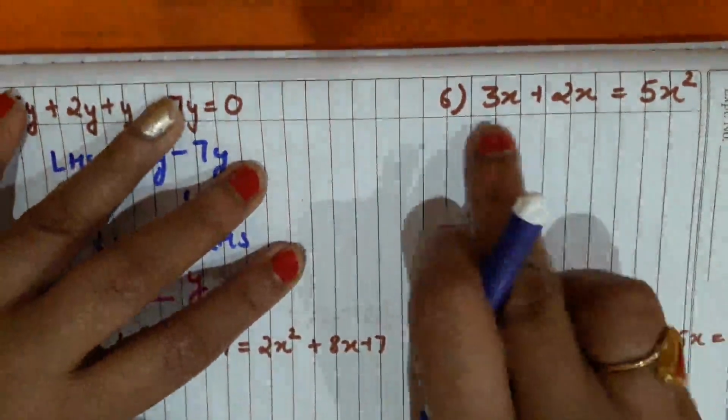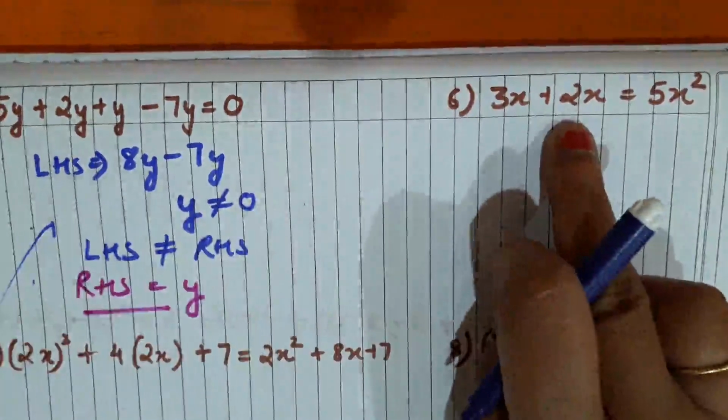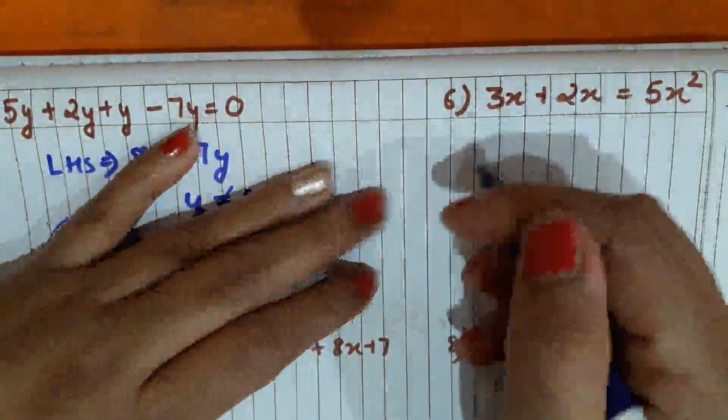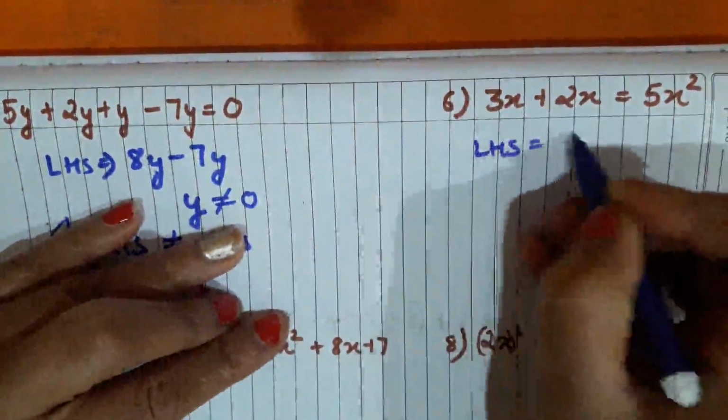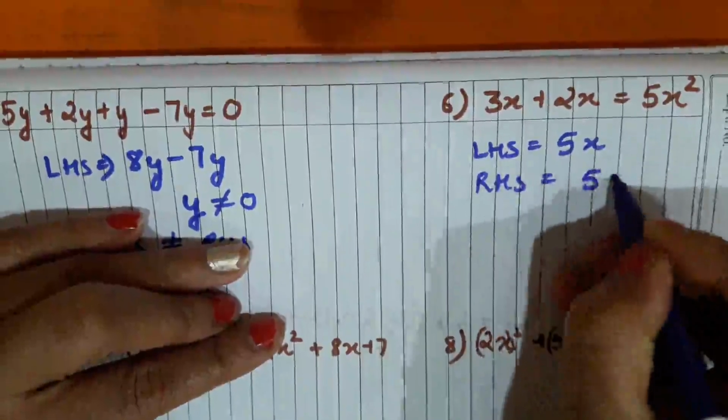Now the next part is 3x plus 2x equal to 5x square. So 3x plus 2x is 5x. Let's solve the leftmost side. This is 5x, and on the rightmost side we have 5x square.